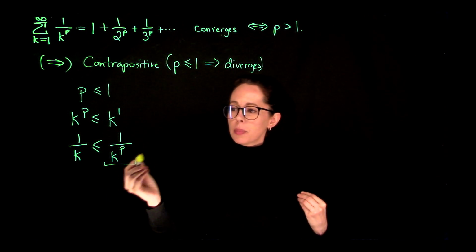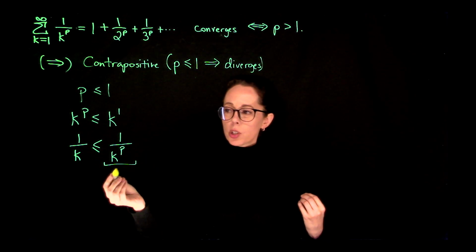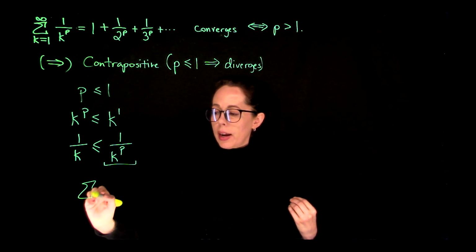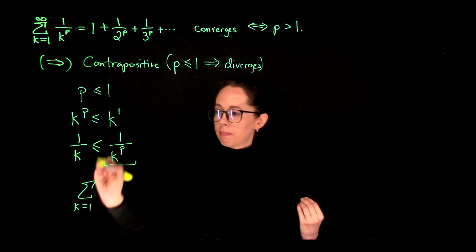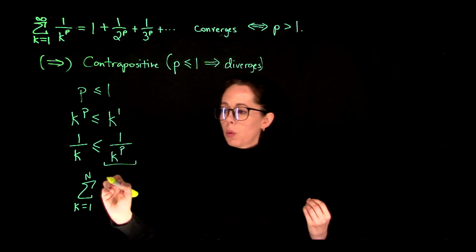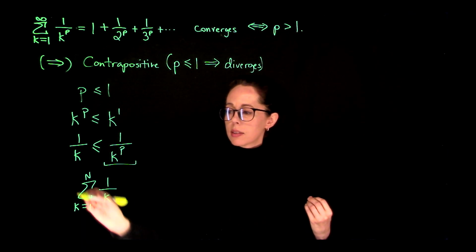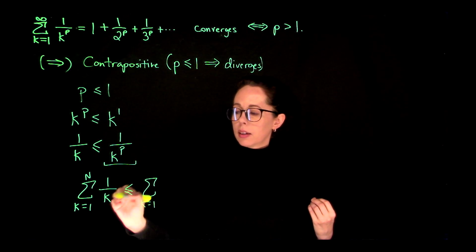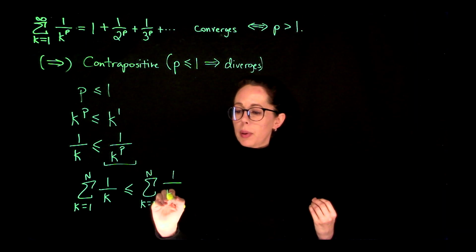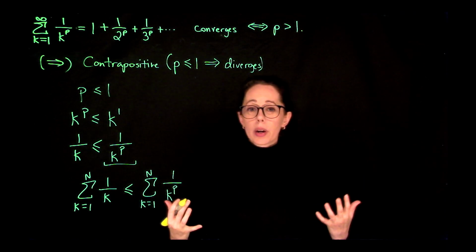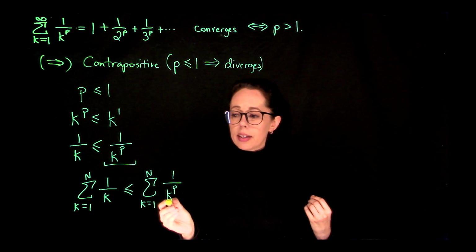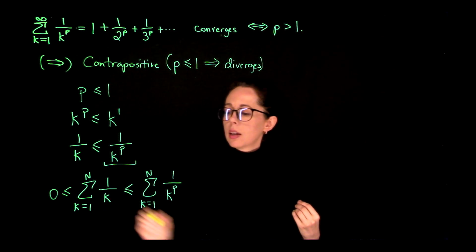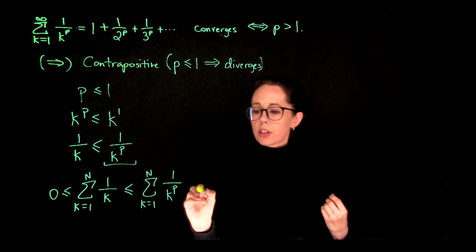We have that the terms in the series we are studying are individually greater than or equal to 1 over K. In other words, were I to write down any sum, let me just do capital N up here, the sum of 1 over K is less than or equal to the sum of 1 over K to the P. In other words, our P series is above a known divergent harmonic series. So by the ordinary comparison test, this diverges.